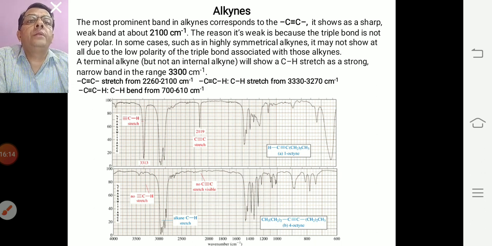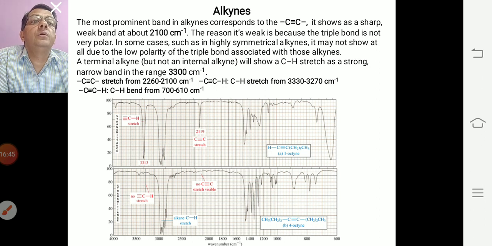The most prominent band in alkyne corresponds to the C triple bond C. It shows a sharp weak band at about 2100 per centimeter. The reason it's weak is because the triple bond is not very polar. In some cases, such as highly symmetrical alkynes, it may not show at all due to the low polarity of the triple bond associated with those alkynes.